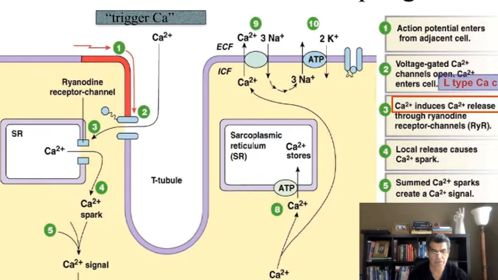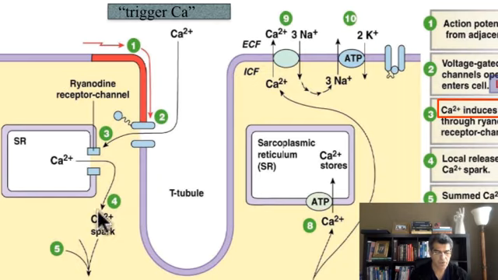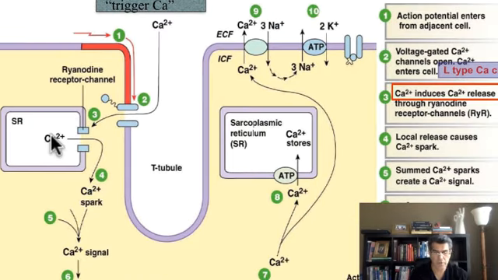There are a couple of things that I think are important to mention here. One is, we all know the more calcium you release, the more actin-myosin you can recruit, and you can create stronger contraction. But how can we change the amount of calcium we're releasing? There are 2 ways. One is, based on how much calcium goes through this L-type channel, the more calcium comes in, the more calcium is going to get released from the sarcoplasmic reticulum.